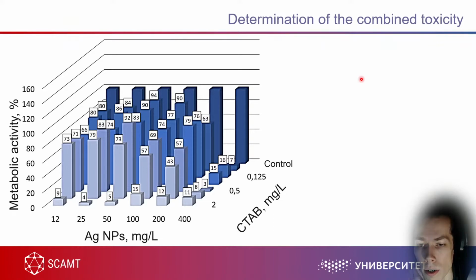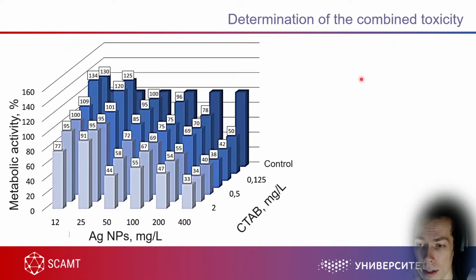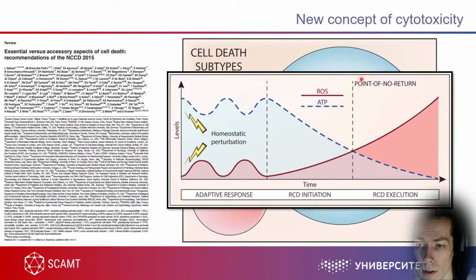And what is the answer to this phenomenon? The answer is in the picture, again this one. As you can see, when ATP and ROS concentration changes, there can be an adaptive response period with some fluctuation of the concentration of ROS and ATP.